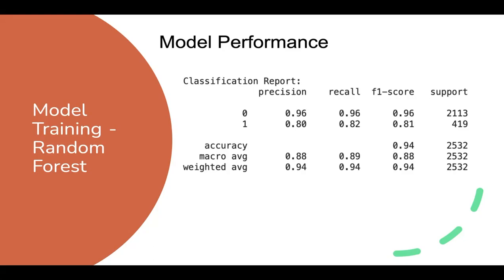The difference in precision indicates that our model is slightly better at identifying the negative cases. Looking at the recall, we have 96% for existing customers and 82% for churning customers. The high recall for both classes shows the model's effectiveness in detecting the positive.